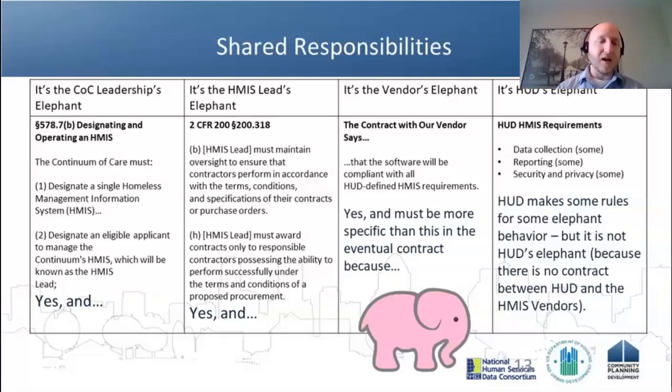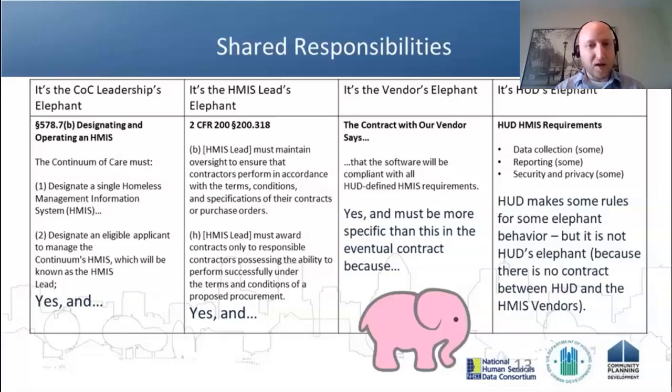On the left-hand column, the COC, again, is ultimately responsible for designating and selecting the HMIS lead. The HMIS lead, again, is responsible for carrying out a lot of these requirements from an operational perspective, from a data standards and reporting perspective, but ultimately they're doing all of this on the COC's behalf.